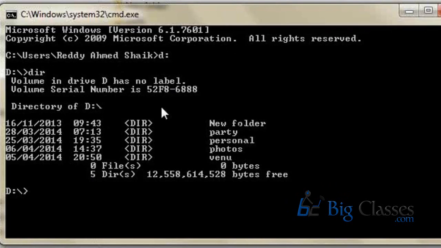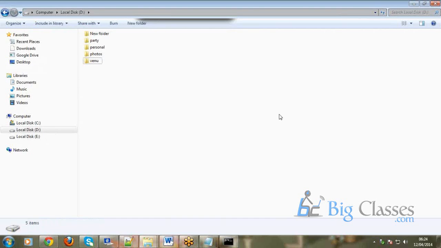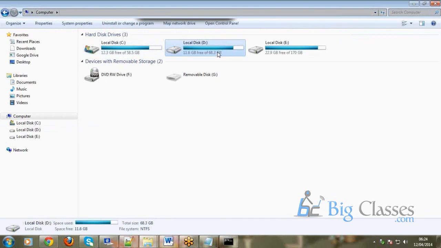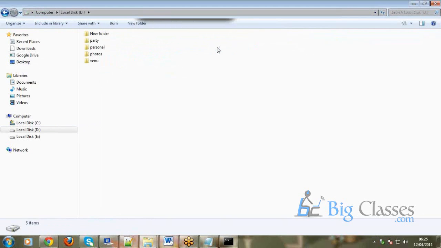So DOS, that is this operating system, has an interface called character user interface. Whereas the Windows environment is graphical user interface. You can use a mouse and operate this computer. Double click on my computer icon, it opens and lists all the drives available. If you double click on D drive, you can see the 5 folders.